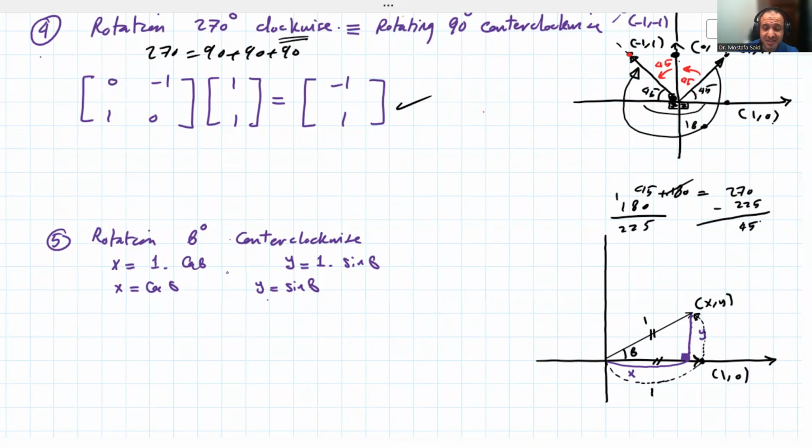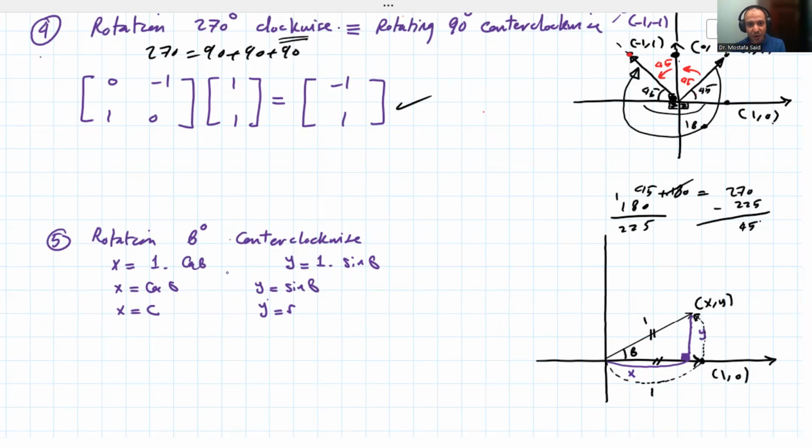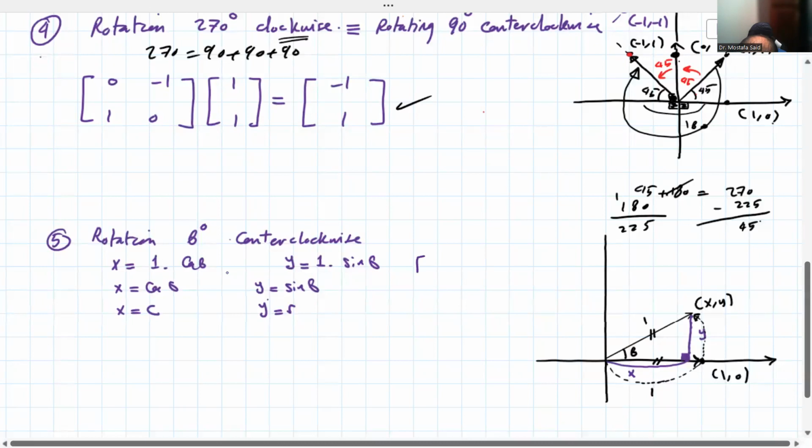Sometimes they write it just C and S, so x equal to C, which is cosine theta, and y equal to S, which is sine theta. Good. So now we know the first column of the rotation matrix. 1, 0 has become x and y, C and S, or cosine theta, sine theta.